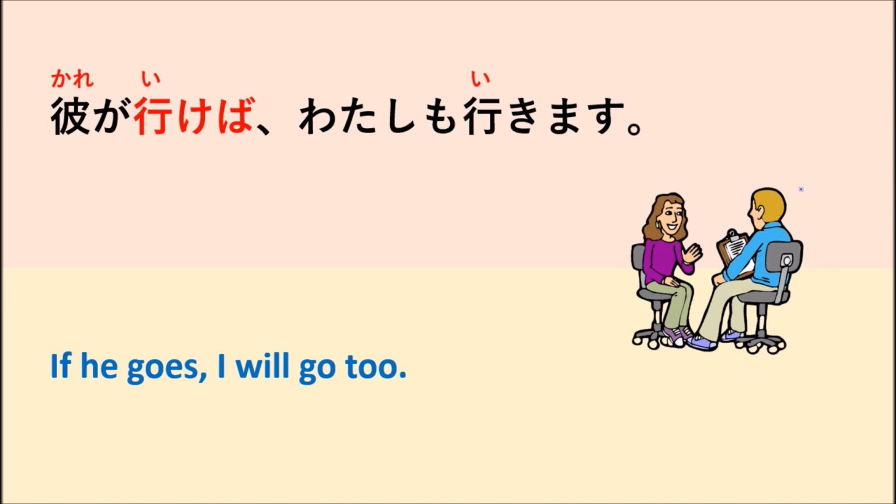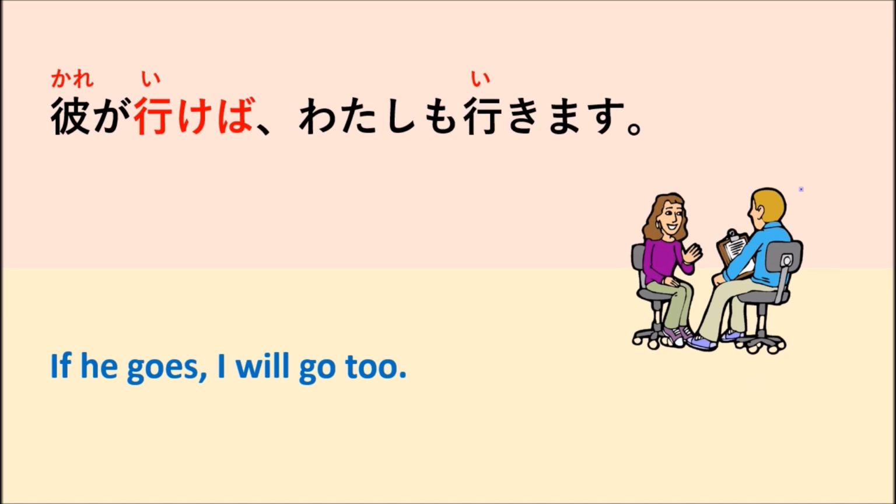Here we have the sentence 彼が行けば私も行きます。Which means if he goes, I will go too. If we just say 彼が行きます, it means he goes.